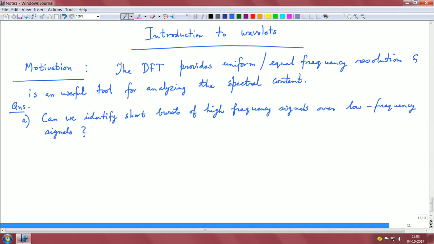Very practical problem. I just have some noise spike in my signal, and can I identify this short burst of a high frequency signal? It's very practical.